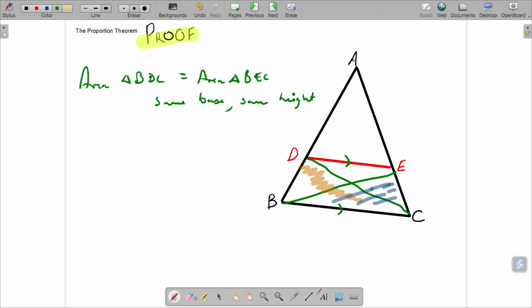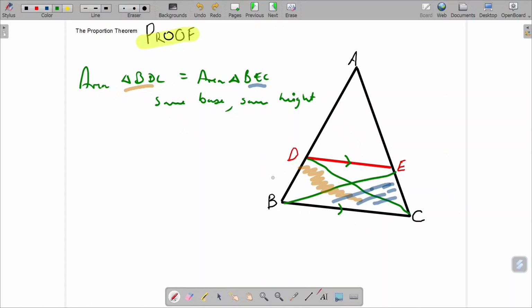In this case, I'm working with the orange one, which was BDC, and the blue one, which was triangle BEC. Okay, so that was a theorem that was covered in grade 11, hopefully with you, that if triangles have got the same base and the same height, they must have equal areas.